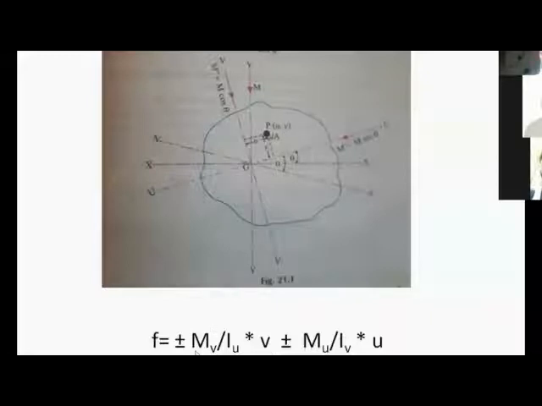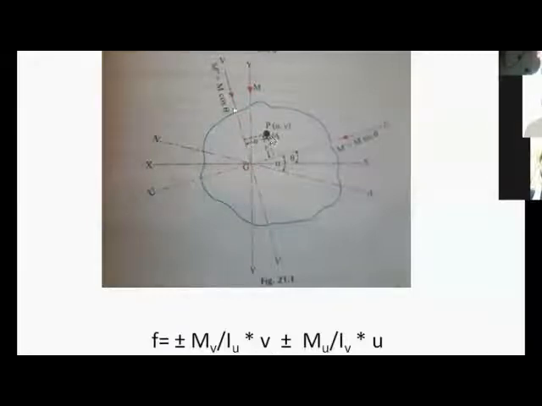So Mv by Iu into v is the bending stress you get at the point P. Similarly, the other moment, in the UU plane, is acting about the VV axis. So Mu, that is M sin theta, divided by Ivv into the distance from VV axis, u. I hope it is clear, right?